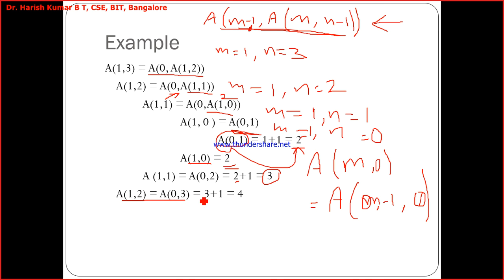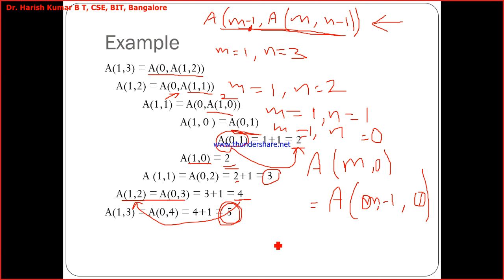Applying the first equation, n is 3 and one more than that is 4. So A of 1 comma 2 is 4. To find A of 1 comma 3, substitute this value: A of 0 comma 4. As per the Ackermann function, the value of A of 1 comma 3 is 5.